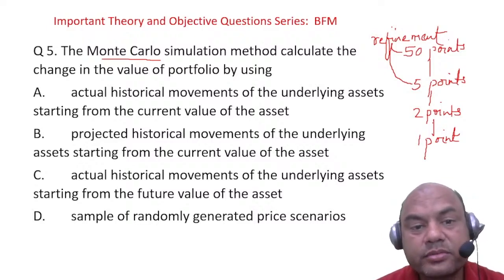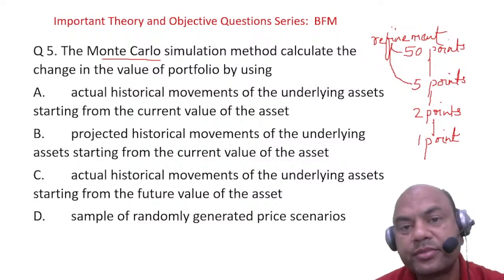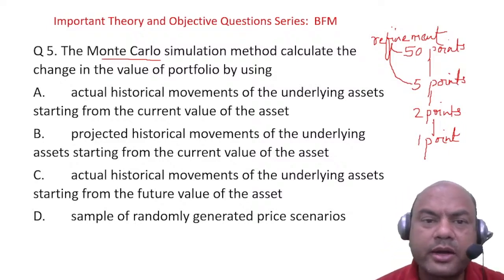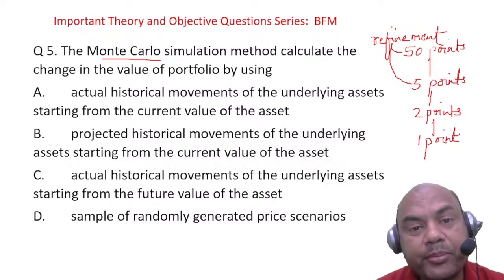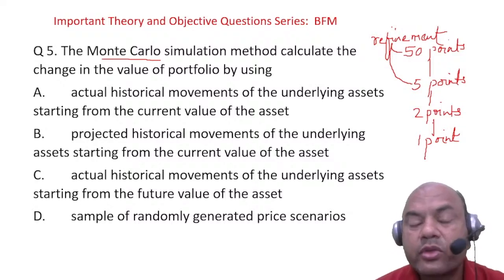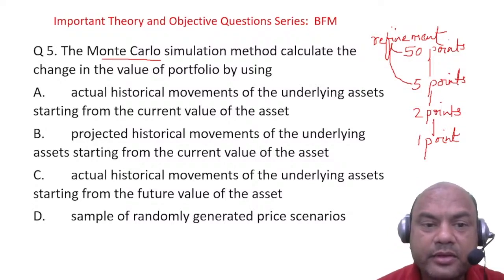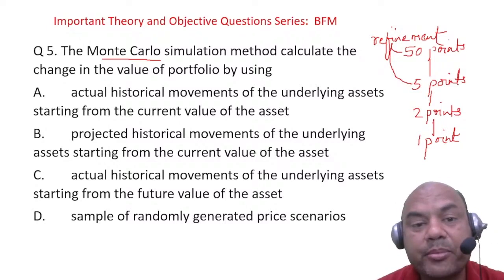Again go on refinement. Here we are talking of Monte Carlo simulation. Here various points are considered. All the required scenarios are considered. All the things which can happen in the world are considered over here. So what all things can happen? Monte Carlo simulation is about what can happen.